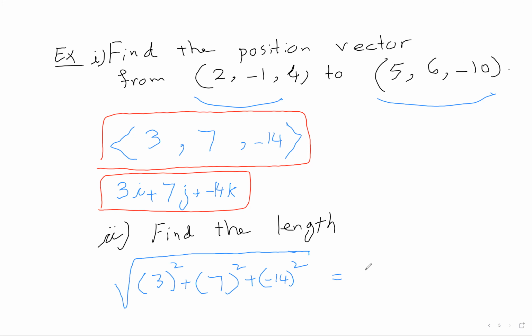If you add them up under the radical, it's going to be 254, and this radical cannot be simplified. So this is the exact length of the vector that initiates from the point (2, -1, 4) and terminates at the point (5, 6, -10).